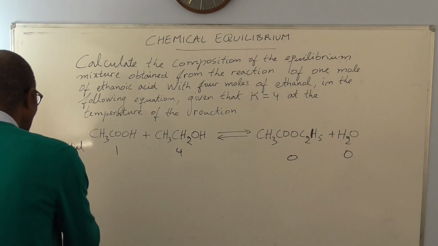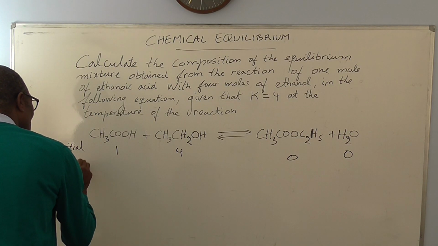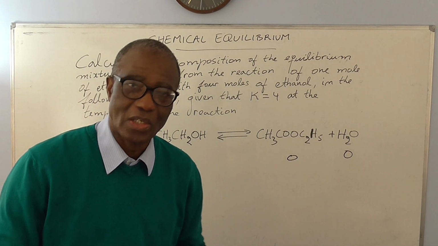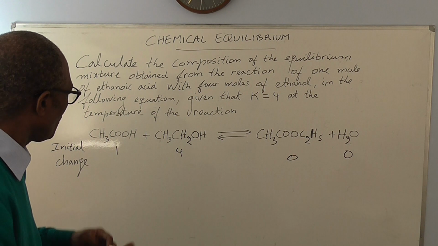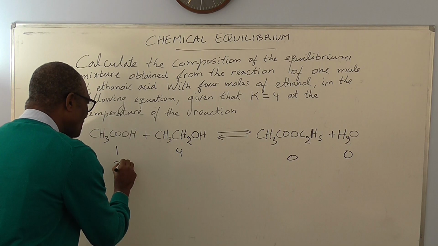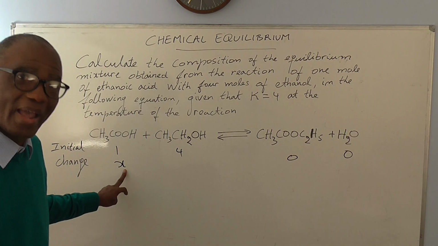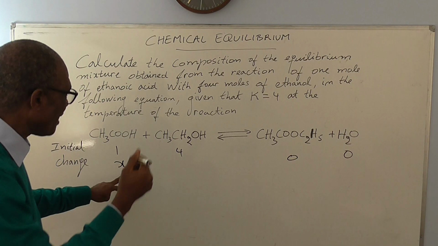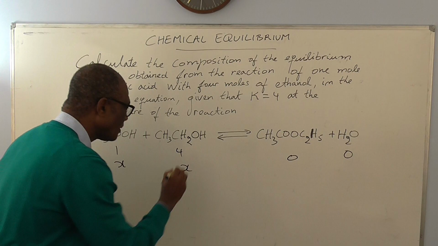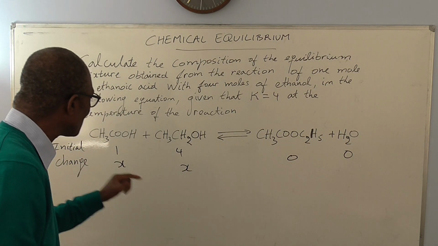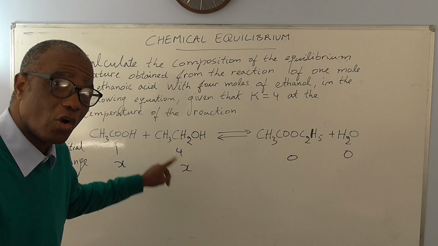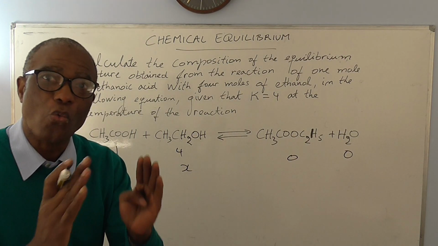Now, the change that's going to occur at a certain stage, we're going to have X quantity that is going to be consumed. X quantity is consumed, and also here, X quantity is consumed. Why X and X? Because we see that ethanoic acid and ethanol react in the ratio of 1 to 1.